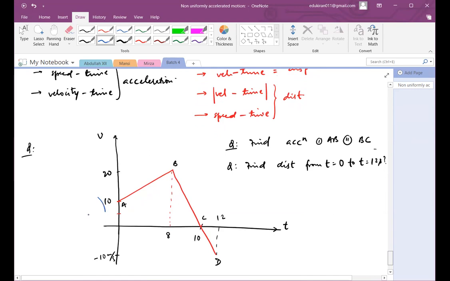Let's say for A it will be 0 and 10, and for B it will be 8 and 20. Now, slope is equal to y2 minus y1 divided by x2 minus x1. Put the value of each term, you will get the slope of AB. Is it clear? Yes, sir.